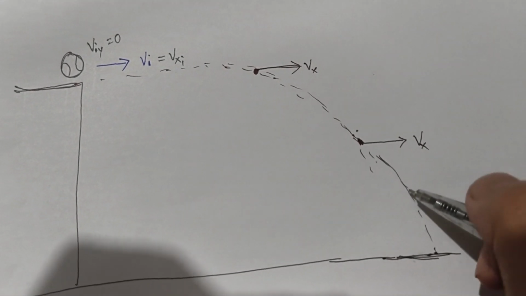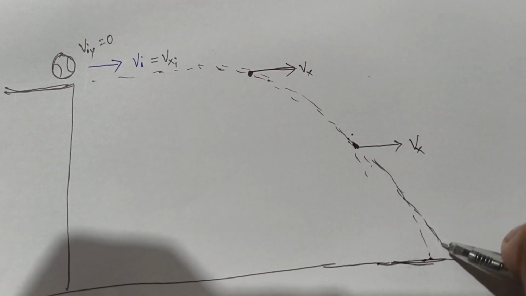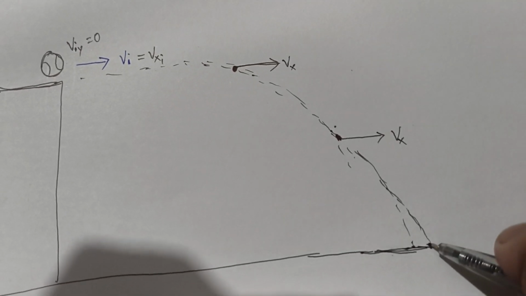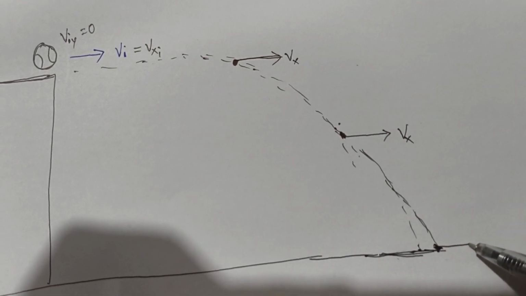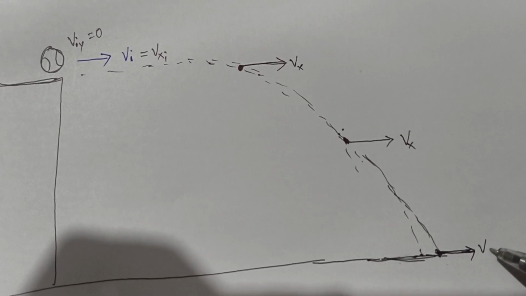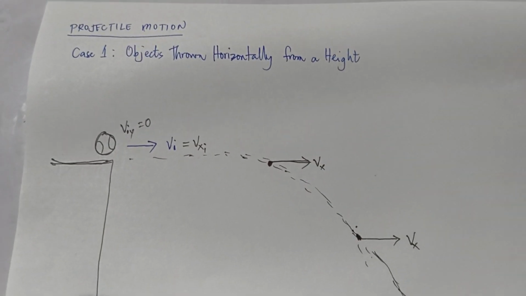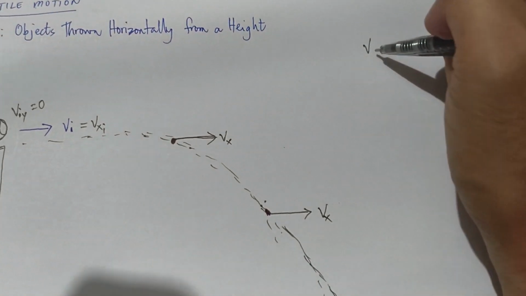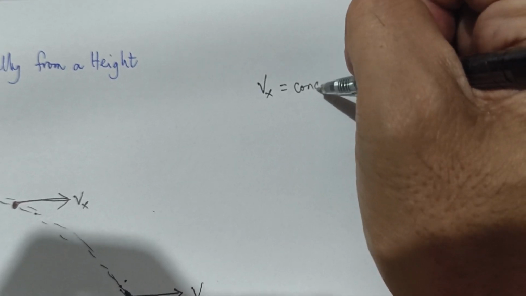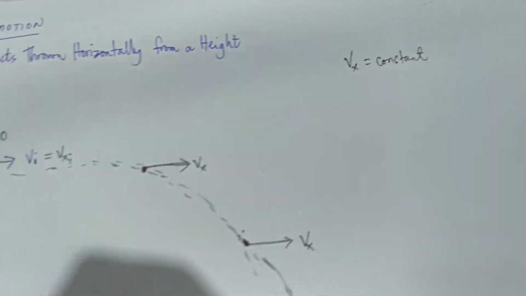Okay, so we can analyze the vertical and the horizontal motion separately. So in this case, Vx remains constant. Vx is constant or does not change all throughout.